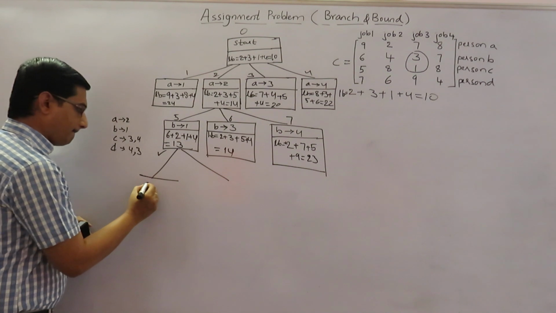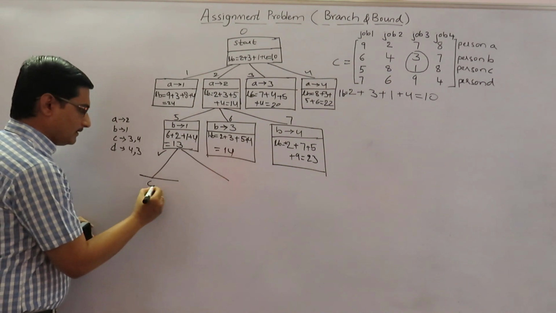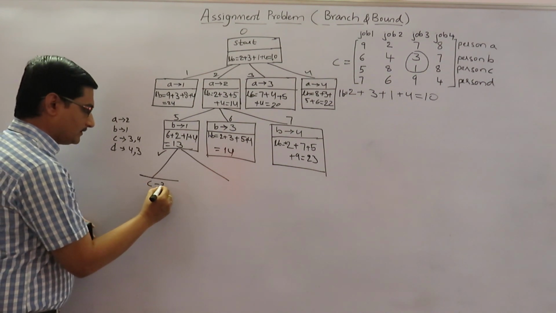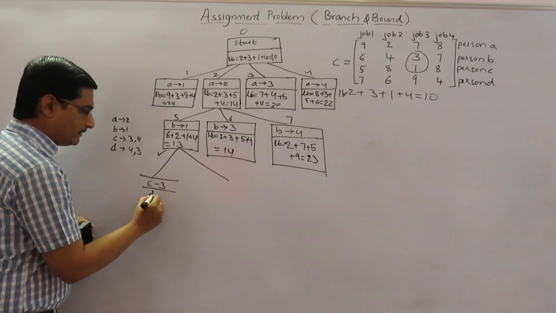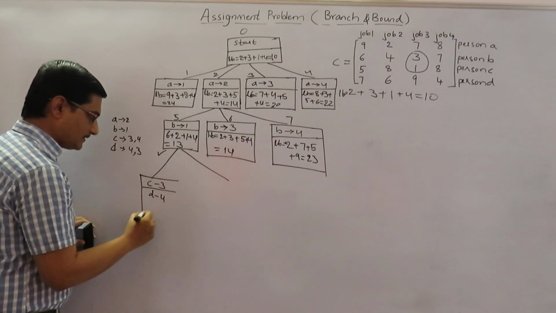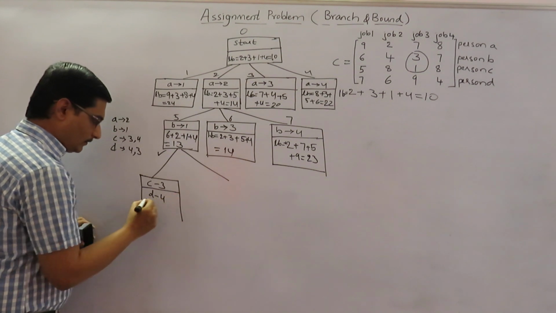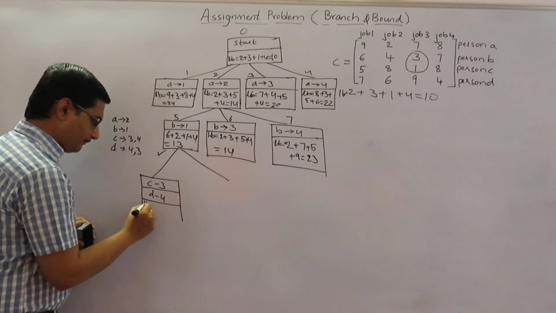So this is, assign C with the third job and D with the fourth job. If this is the case, what will be the lower bound?